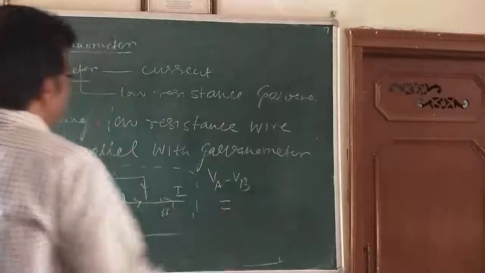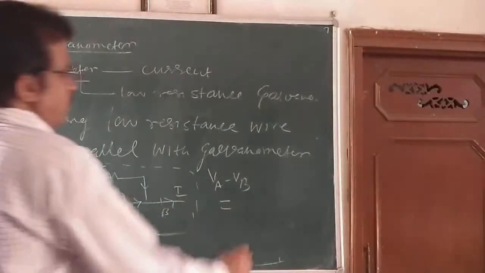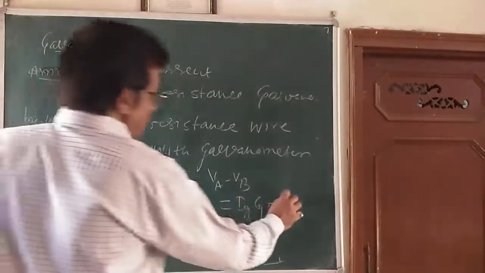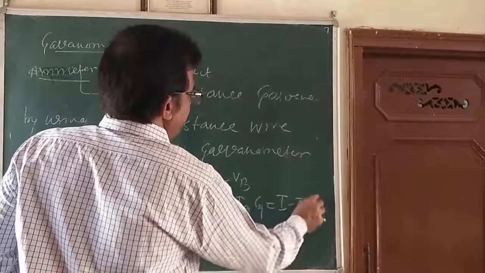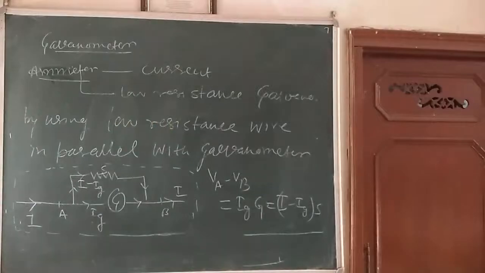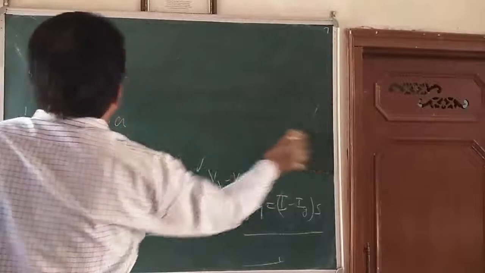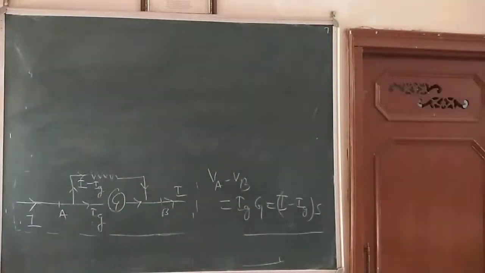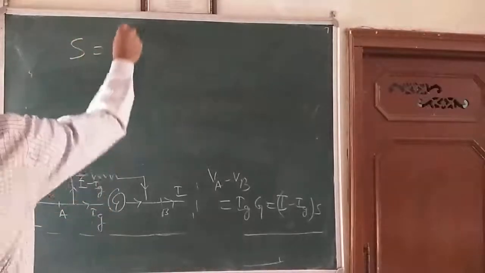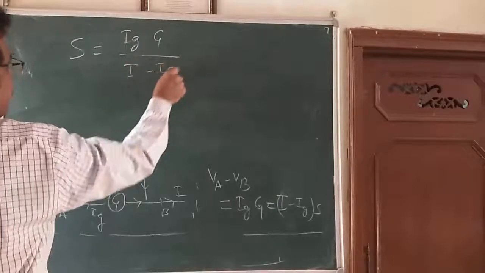We can say VA minus VB would be, according to Kirchhoff's law or Ohm's law, Ig into G, that is equal to (I minus Ig) into S. So I can write the value of the shunt resistance: S is equal to Ig into G divided by (I minus Ig).